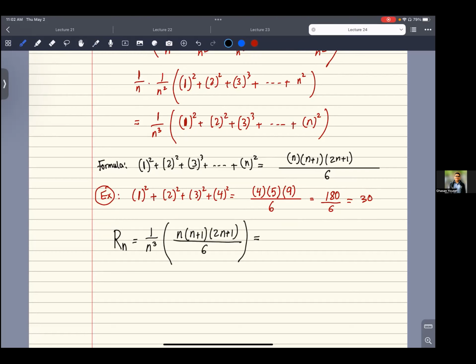Okay, I'm gonna simplify it. Here I can take 1 n with this n and cancel it out, cancel the n with the power, squared. So I'm gonna get n plus 1 times 2n plus 1 over 6n squared. Okay, I'm gonna simplify it more.